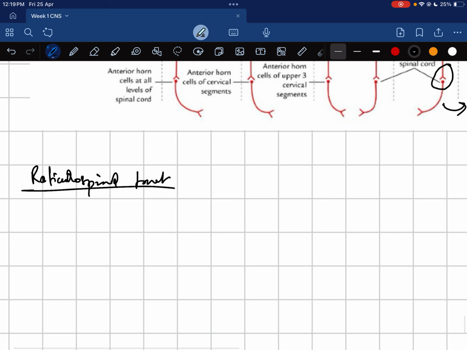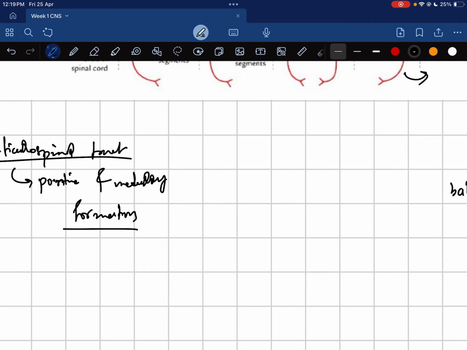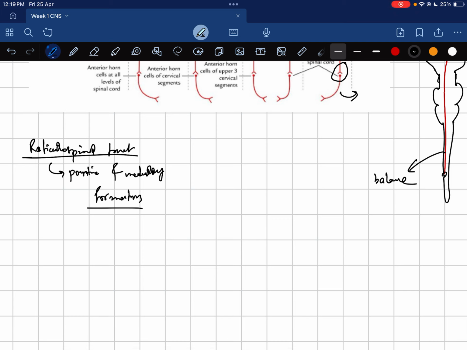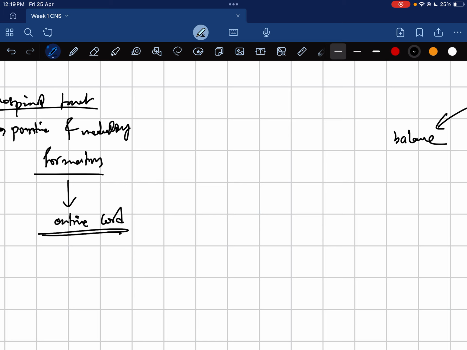So when we look at the formation of the reticulospinal tract, its origin is in the pontine and medullary formation, and there is no site of decussation, so it goes through the spinal cord and is present in the entire cord, and there is no termination, so it gives to all levels of the spinal cord.